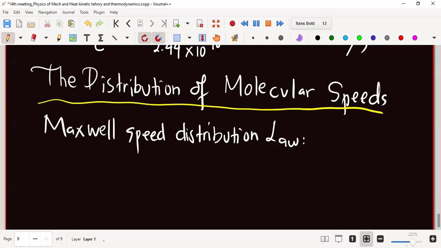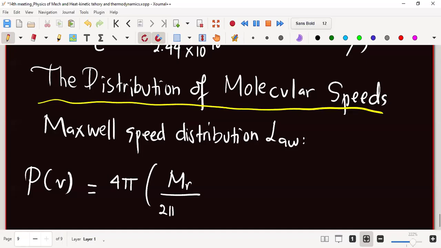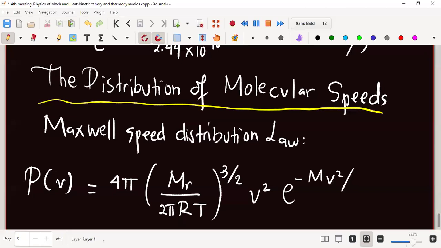So by the Maxwell distribution law, the P of V, this one is probability, is equal to 4 pi times the molar mass over 2 pi RT to the power 3/2, and then V squared, exponential, minus M V squared over 2RT. So M is the molar mass, R is the gas constant, T is the temperature, and V is the molecular speed.